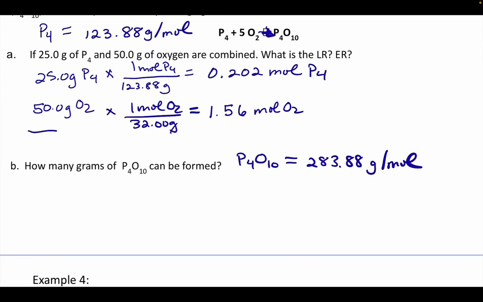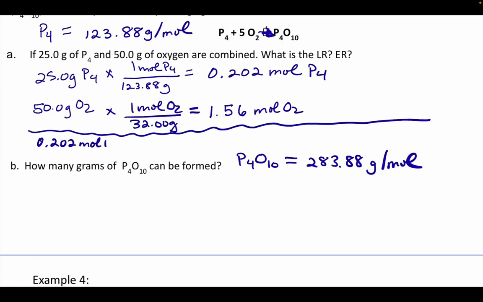So I'm going to take my moles of P4 and I'm going to convert that to moles of O2. So from my balanced equation, there's 1 mole of P4 for every 5 moles of O2.